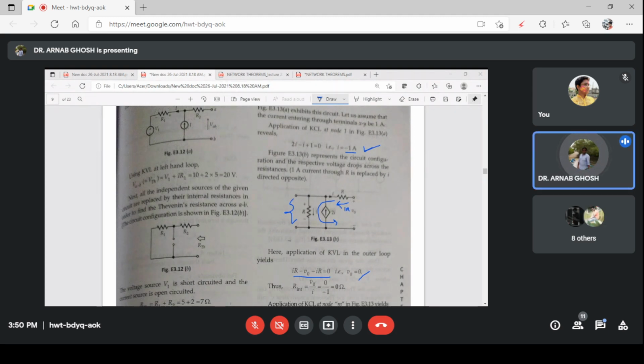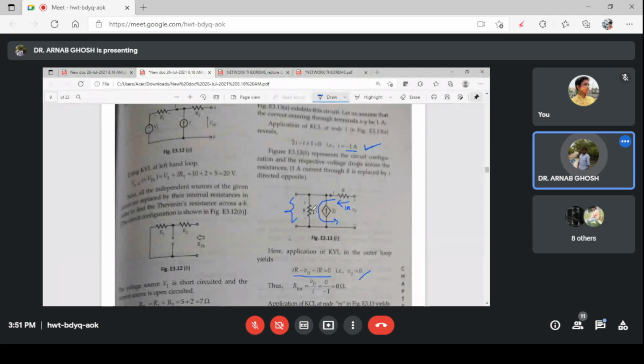So you are having the circuit like this, that is, for this part of the circuit. So you see, for that loop, I into capital R, minus V0, right, as VOC.